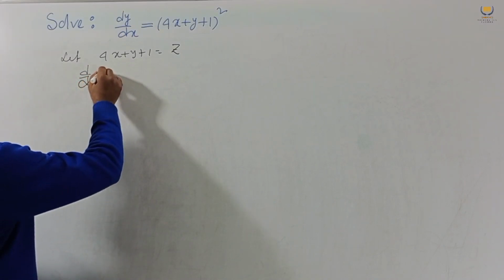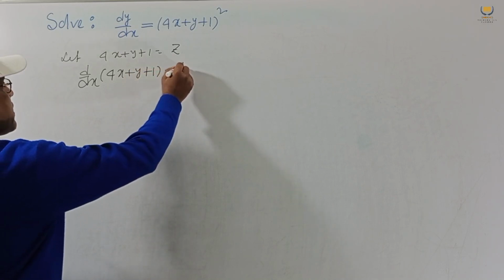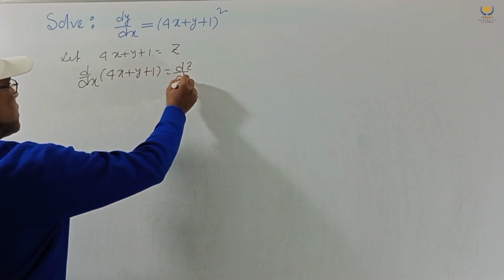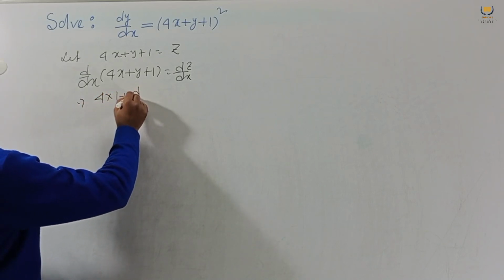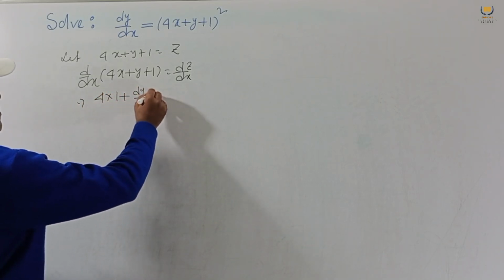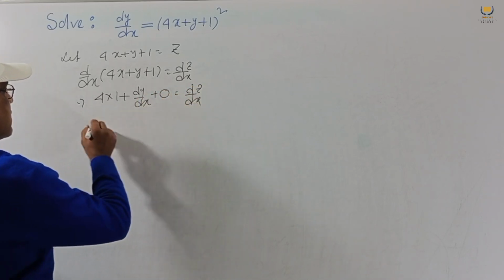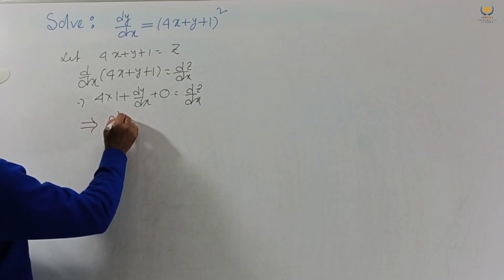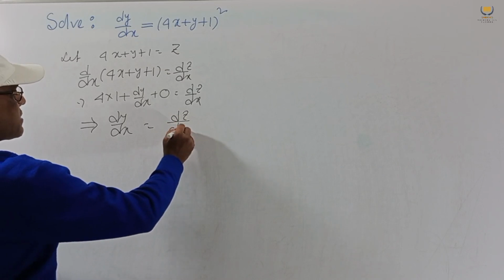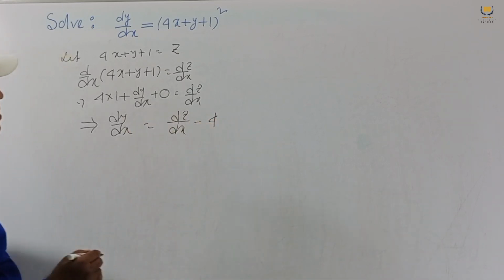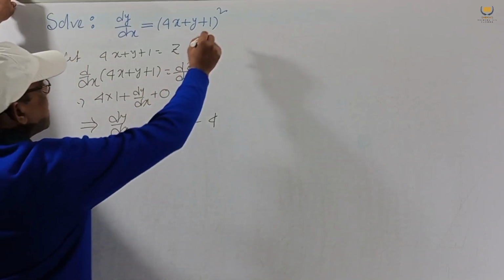If we differentiate both sides with respect to x, what do we get? 4 into 1, dy/dx plus 0, equal to dz/dx, and this implies dy/dx equal to dz/dx minus 4. We get this one.